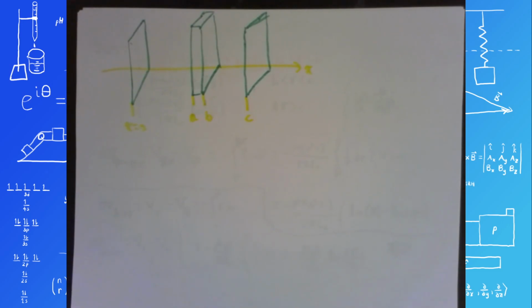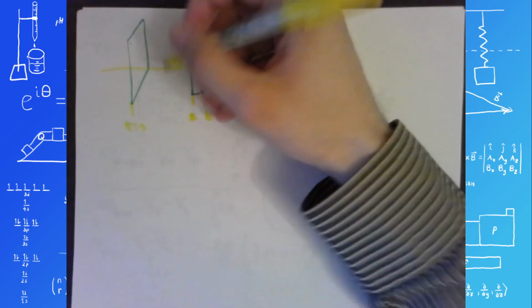What else did they say? And then they want us to calculate the electric field relative to actually a number of points. Actually, they gave us a number of points.